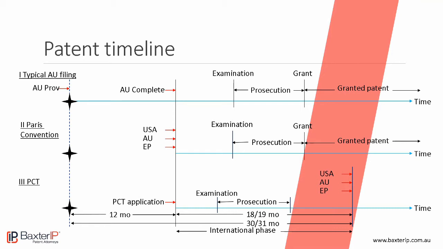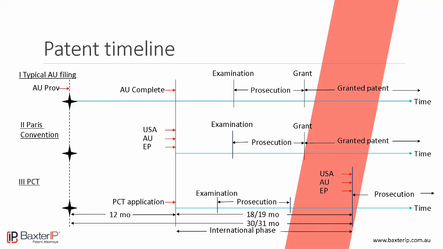Although some people prefer to not prosecute during the international phase and see if any further prior art is found during the national phase. So when you file your national phase patent applications, this will typically result in an examination and prosecution similar to the one described above for the Paris Convention.